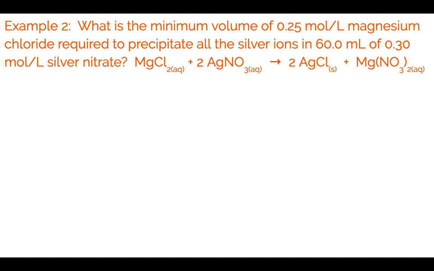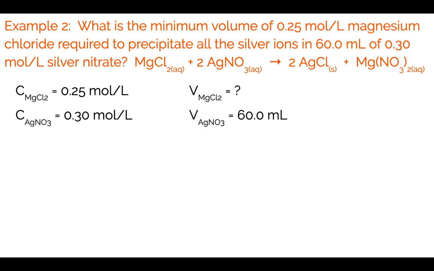So we're told that we have a concentration of magnesium chloride of 0.25 moles per liter. We need to find what volume of that we're going to have to use. We also have a concentration of silver nitrate and a volume of silver nitrate.